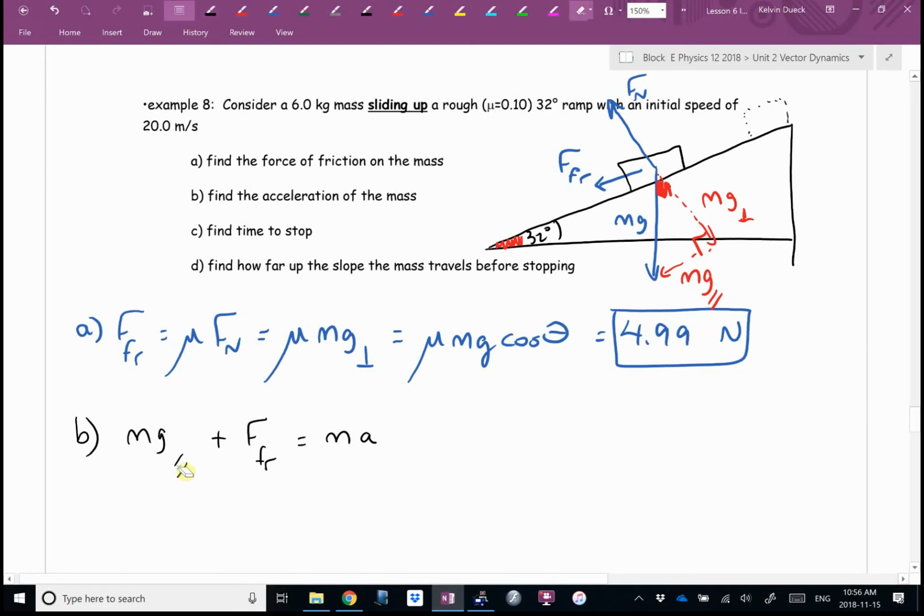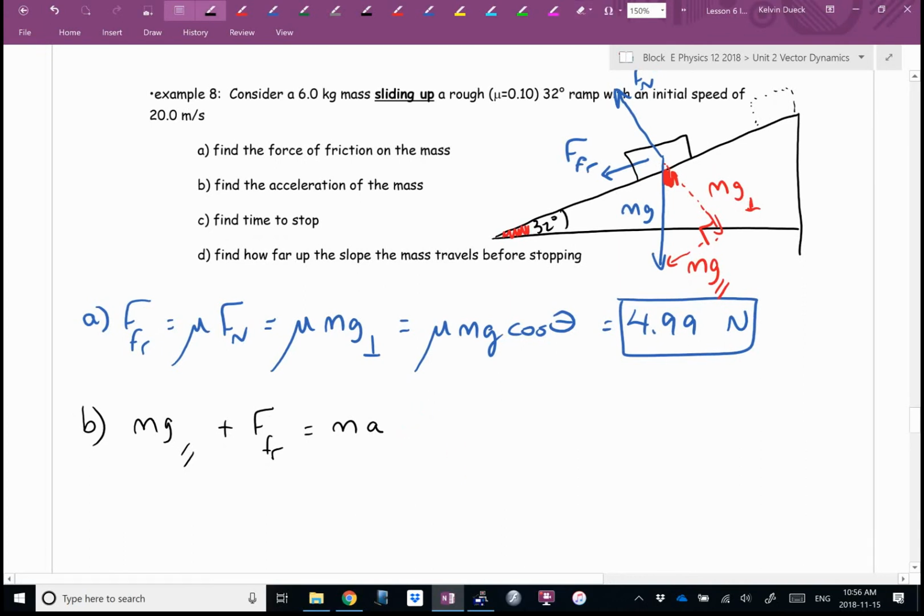mg parallel, two lines. So this is going to be mg sine theta, and then I have plus, and I already have an expression for friction right here. It's mu mg cos theta, and that equals ma.